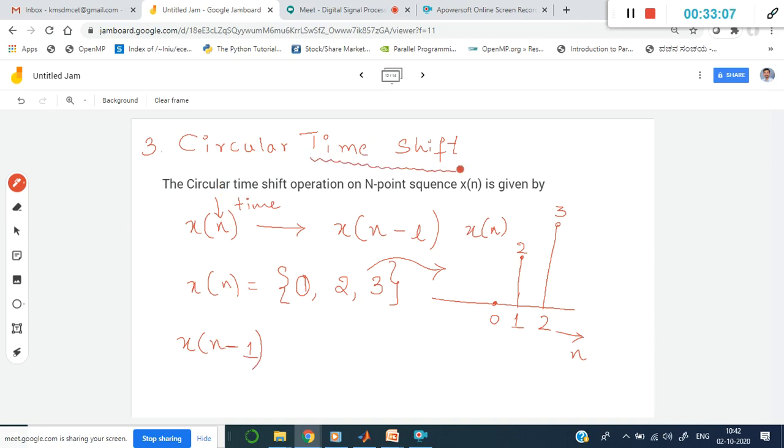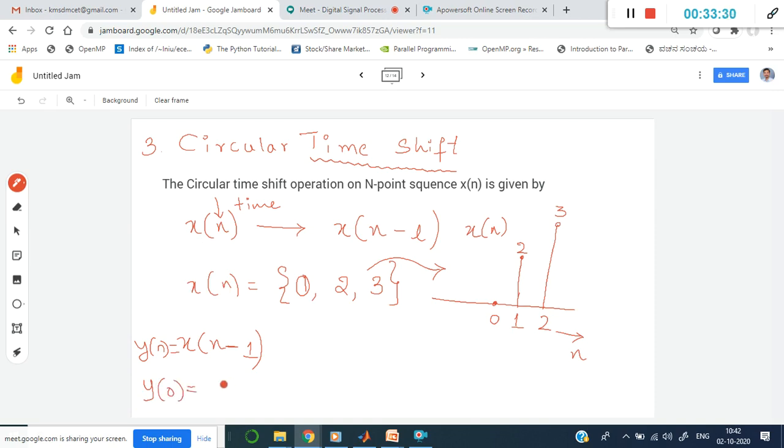The value of time is getting shifted. Let me take a new signal y of n, which is x of n minus 1. X of n is defined like this, right? Now what will be the new signal? Which means y of 0.